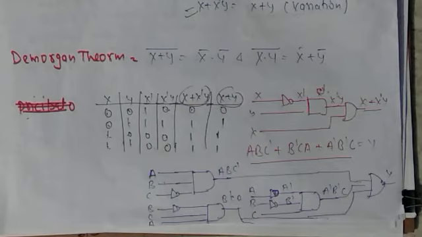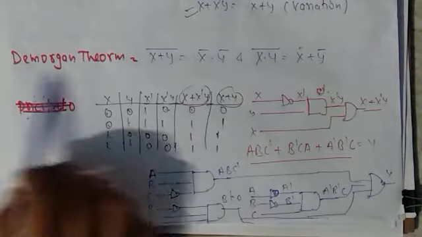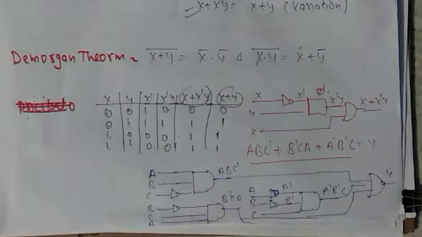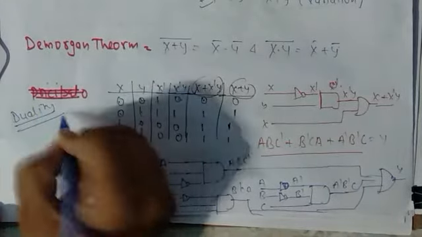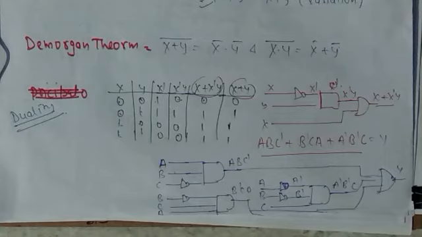Next is De Morgan's theorem. What is De Morgan's theorem? It says that (x plus y) whole bar is equal to x bar dot y bar, and second, (x dot y) whole bar equals x bar plus y bar. There is one more concept, the duality concept.